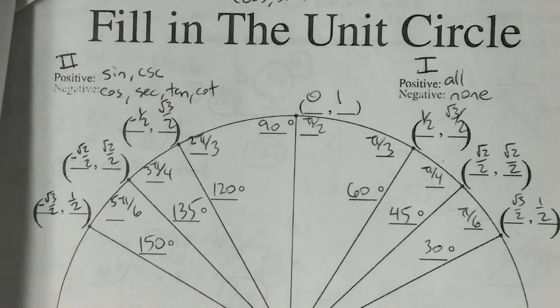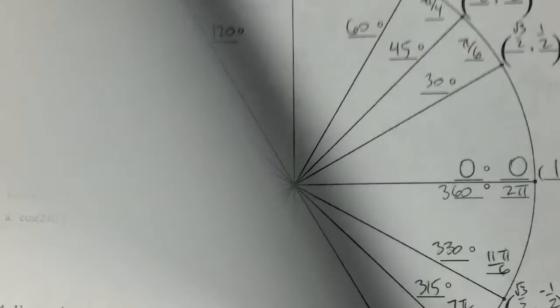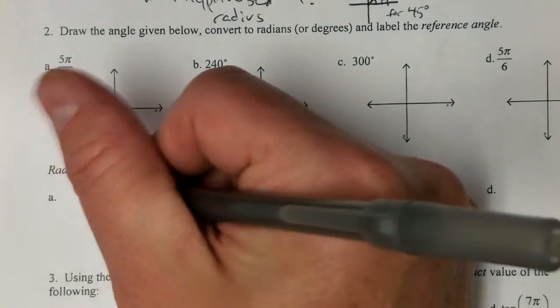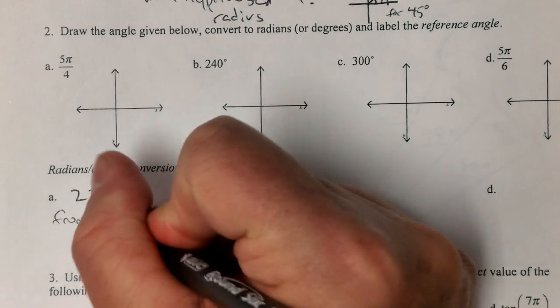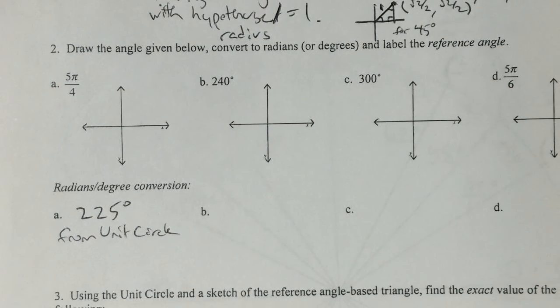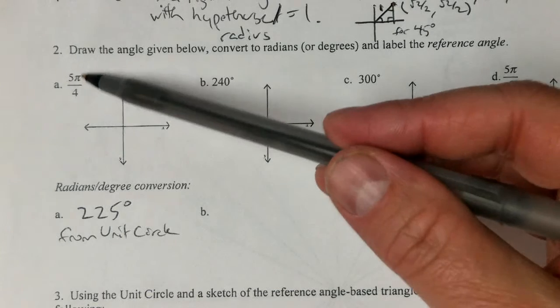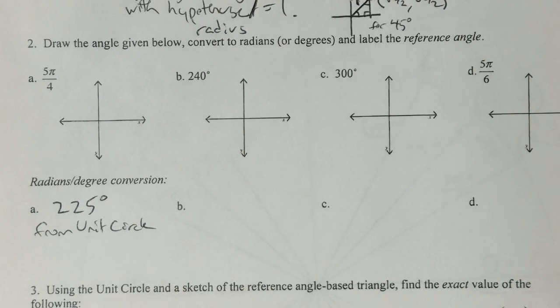So let's look at where 5 pi over 4 is, which is here, and it's 225 degrees from the unit circle. Since it's in radians, we want to put it in degrees, and we just found it on the unit circle.